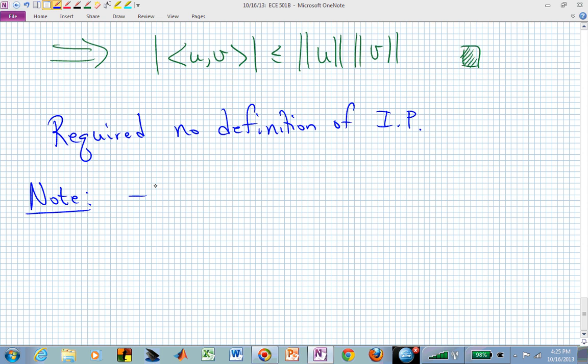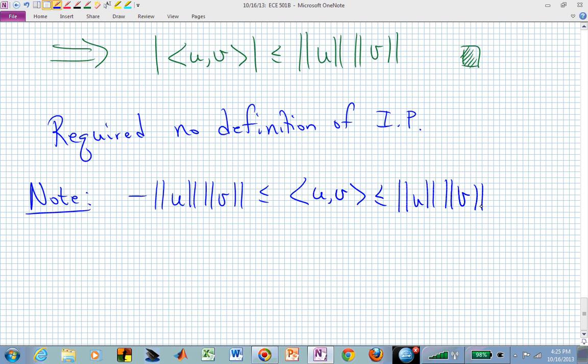Note, we could, and I've said this many times, but now hopefully you're okay with this equation, if we get rid of the absolute value or the magnitude of the inner product, we can now write it that way.